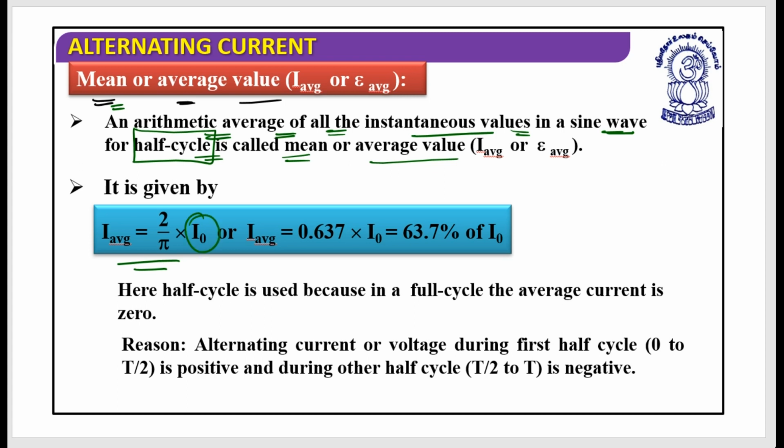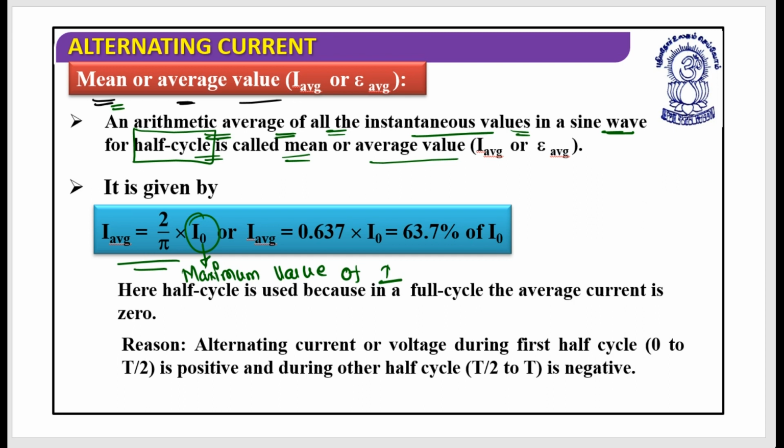While I say I naught, I understand that this is the maximum value of I, which we call the amplitude, or the peak value. So I average is 2 by pi into I naught, or 0.637 of I naught, or 63.7 percent of I naught.